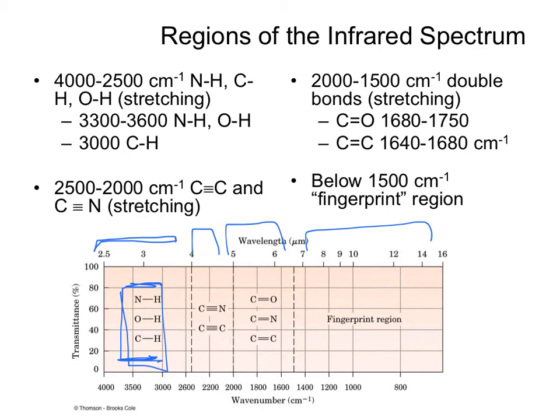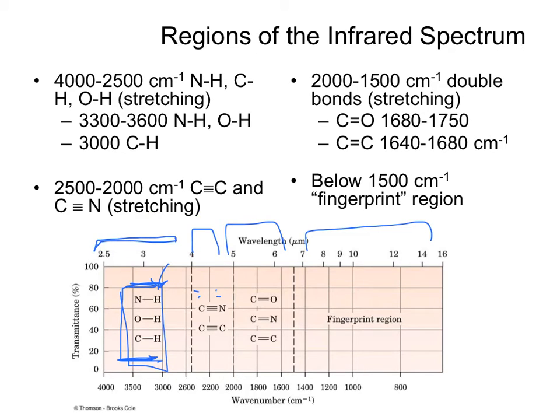So the energy that is associated for lighter atoms, that's going to be different than the energy that is associated for two heavy atoms. And also it depends on whether these are stretches or bends essentially, which dictates the location of the functionalities.